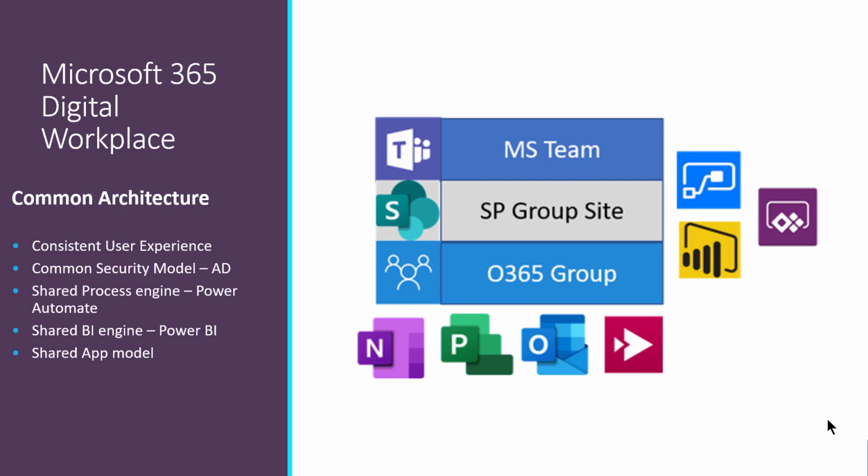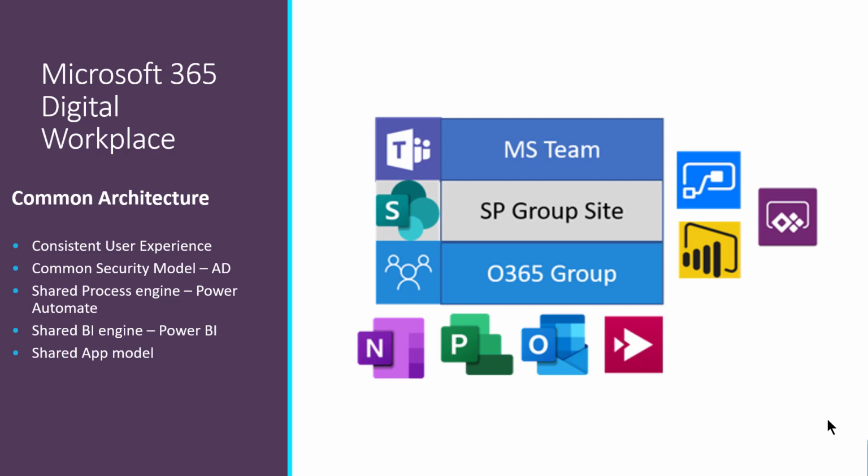Well, they're creating a common architecture across all the different services and software that make up Office 365. First of all, they're moving towards a consistent user experience. And we're going to find that that consistent user experience goes across all the modules in the headers, how you navigate, and so on. But also they're moving towards Teams to be kind of the center of the user experience of the Office 365 or Microsoft 365 digital workplace.